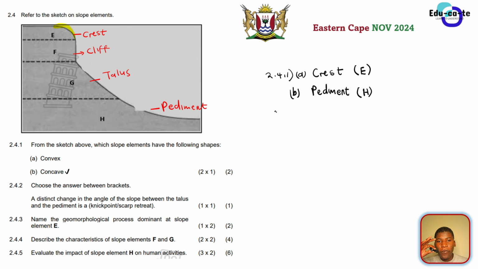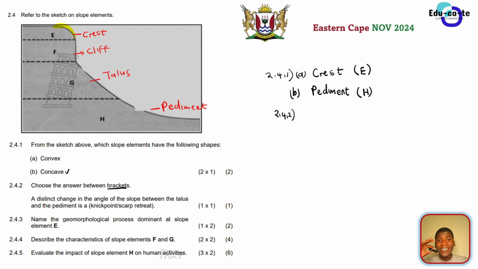And then 2.4.2. On 2.4.2, they say choose the answer between the brackets. They say a distinct change in the angle of the slope between the talus and the pediment is known as a what? Remember that we have talked about the nick point. Here we're given two options: a nick point or a scarp retreat.